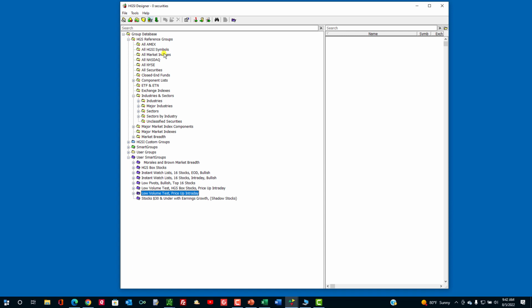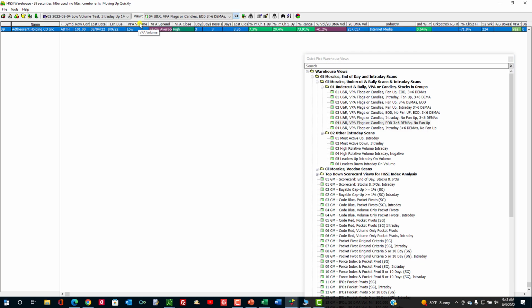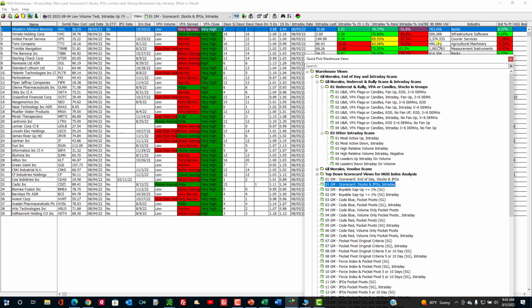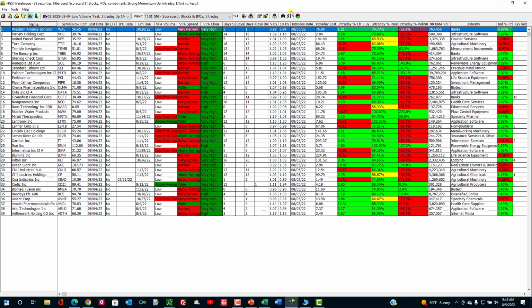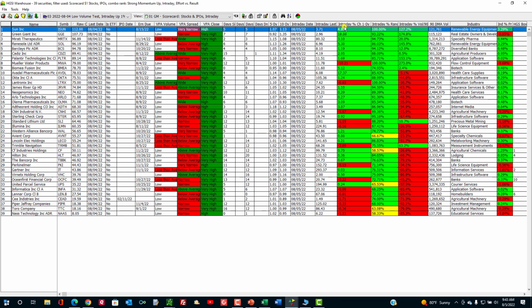On a day like today, this low volume test, I mentioned this yesterday in the video, intraday up 1% from the low. There were a lot of gaps down today. I need to go down here. And I'm looking for stocks that are up 1% from the low.